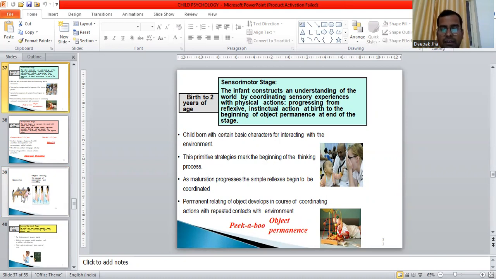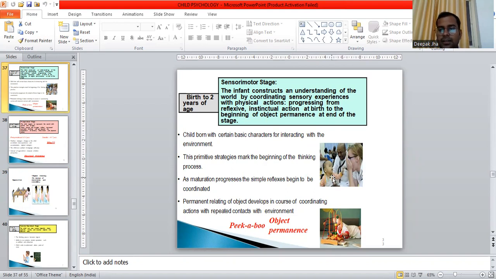Peekaboo is basically a game which you can play with the child. The first diagram here basically shows that. Since the child is smaller, his thinking is not developed. Whenever you cover your face, the child will think that the object is gone. And when you uncover your face and suddenly appear in front of the child, the child thinks, oh wow, the person instinctively came back. So that is peekaboo.